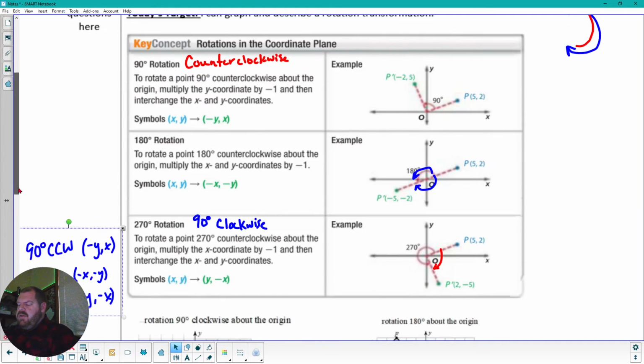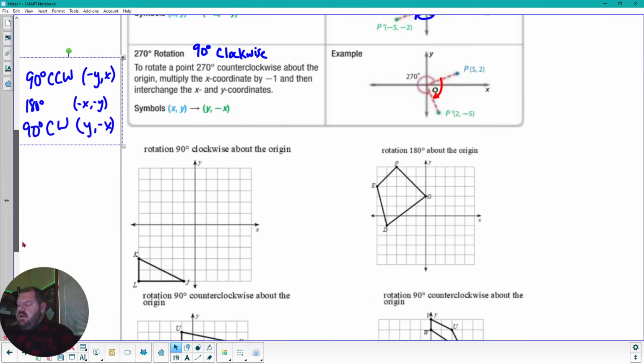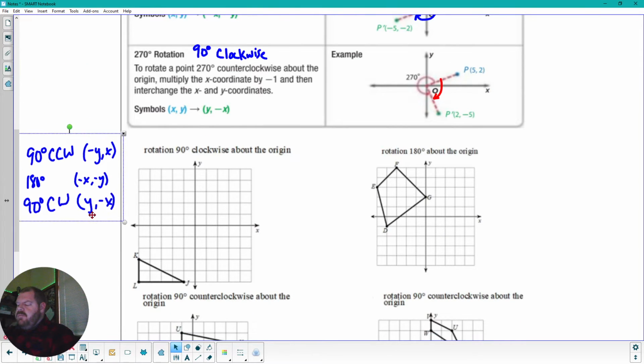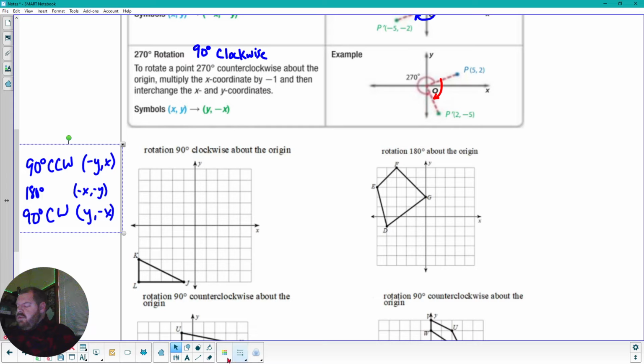I think it's important to understand how things all work together. All right, so I've got my rules, and again, when I'm doing rotations, I almost always just use the coordinate adjustment technique.